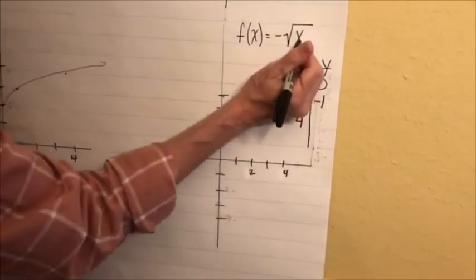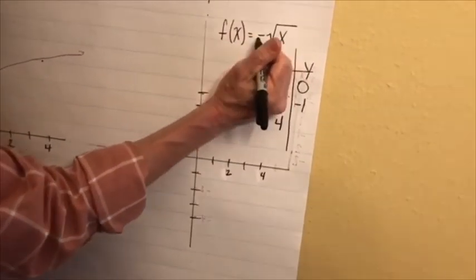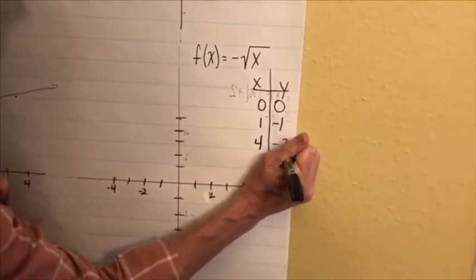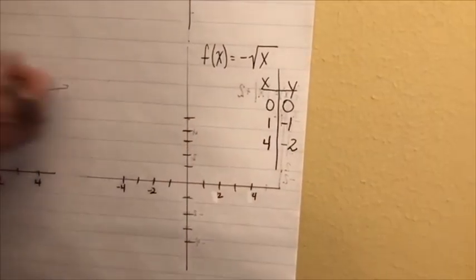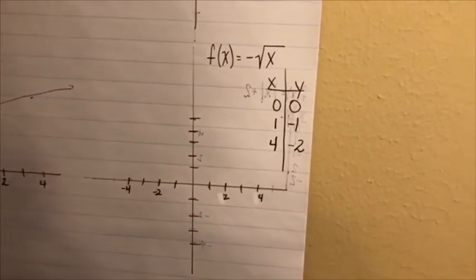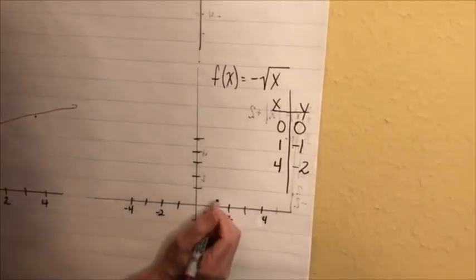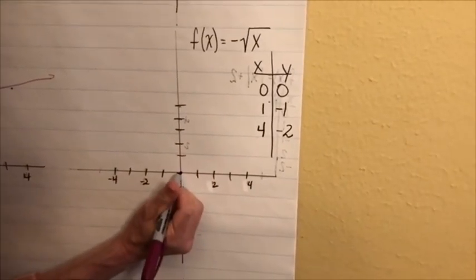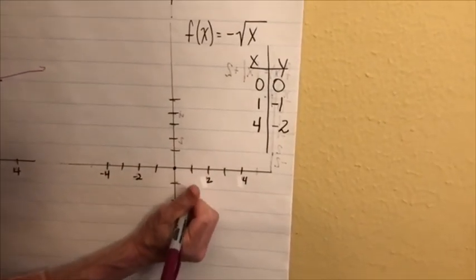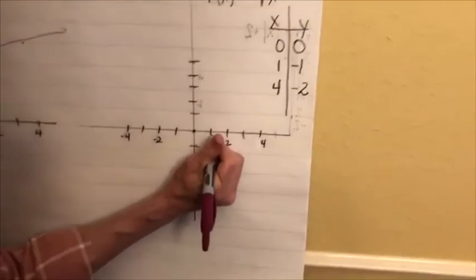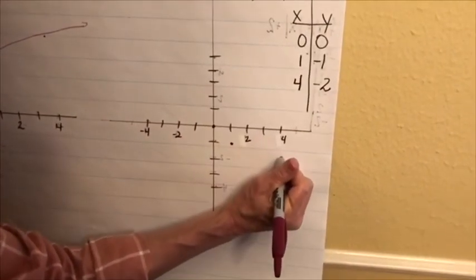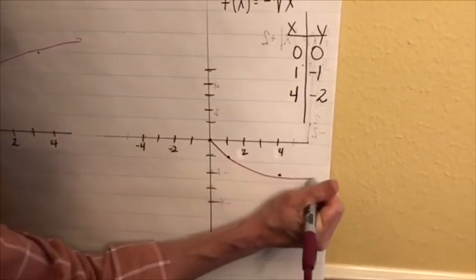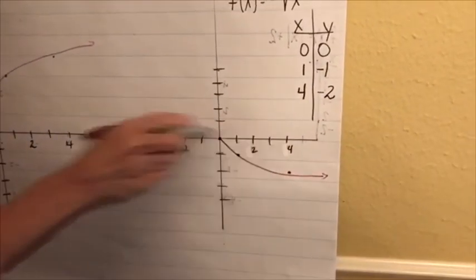The square root of 4 is 2, but we want the opposite of 2, which is negative 2. So we can see our graph is actually just going to go in the opposite direction here. So we have a point at 0, 0. We have a point at 1, negative 1. And we have a point at 4, negative 2. So it's going to be reflected on the x-axis.